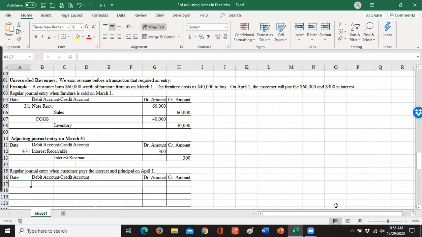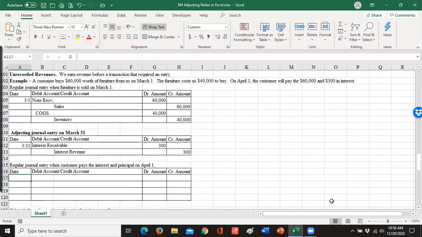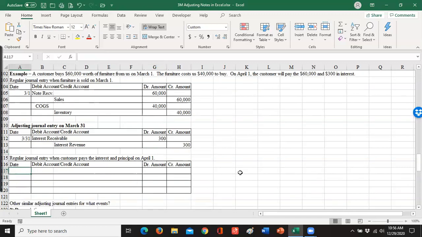So when they actually pay off their loan, we can do this in a couple steps. But on 4/1, they're going to pay the interest and the principal. So I'm going to do this upside down again. I have to get their note receivable, it has to go away. That's $60,000.